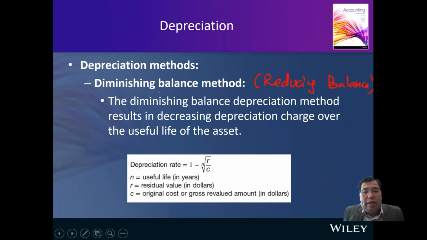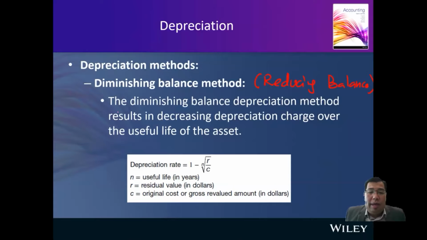Under this method, the diminishing balance depreciation method results in a decreasing depreciation charge over the useful life of the asset, and the amount of depreciation is greater in the first few years of the useful life and becomes smaller till the end of the useful life.